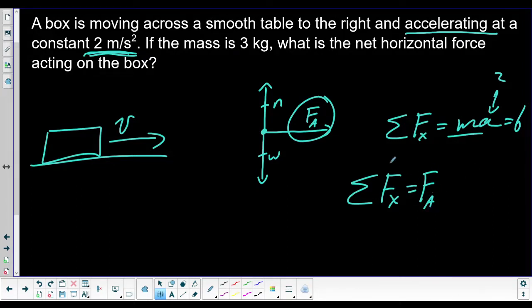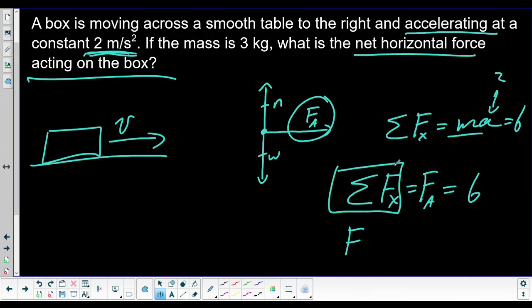So the sum of forces in the x direction equal the force applied equals the mass times the acceleration, which we said was 6. So this mysterious force, what is the net horizontal force acting on the box? The net force, which is equal to the force applied, is 6 newtons. Cool. There you go. Easy.